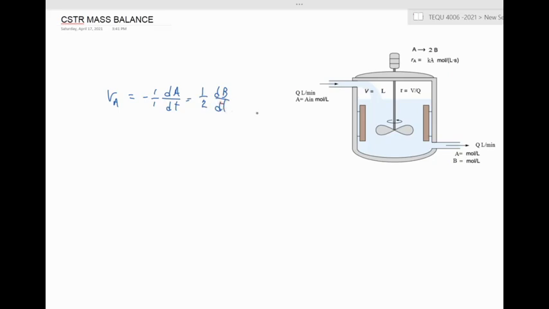We want to clarify that quickly so that when we introduce the mass balance around the CSTR, we take care of those coefficients, but those are related to the kinetics.